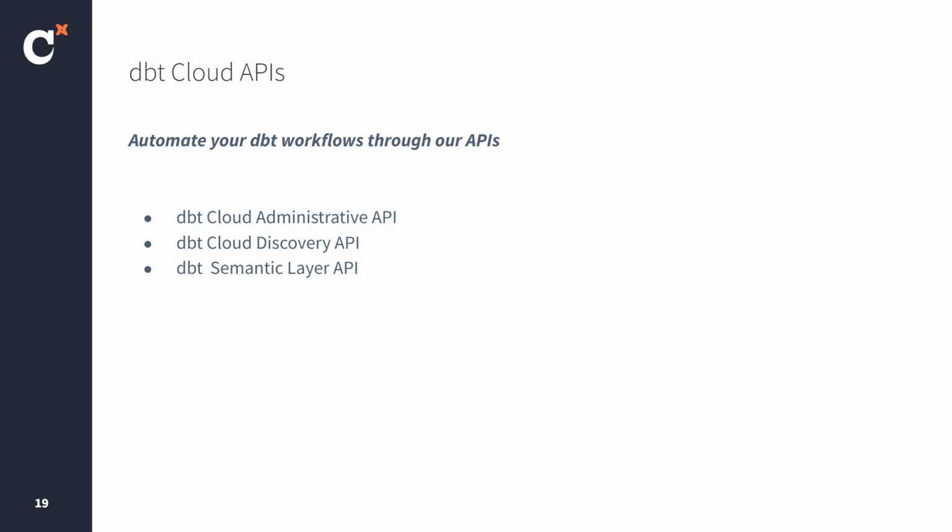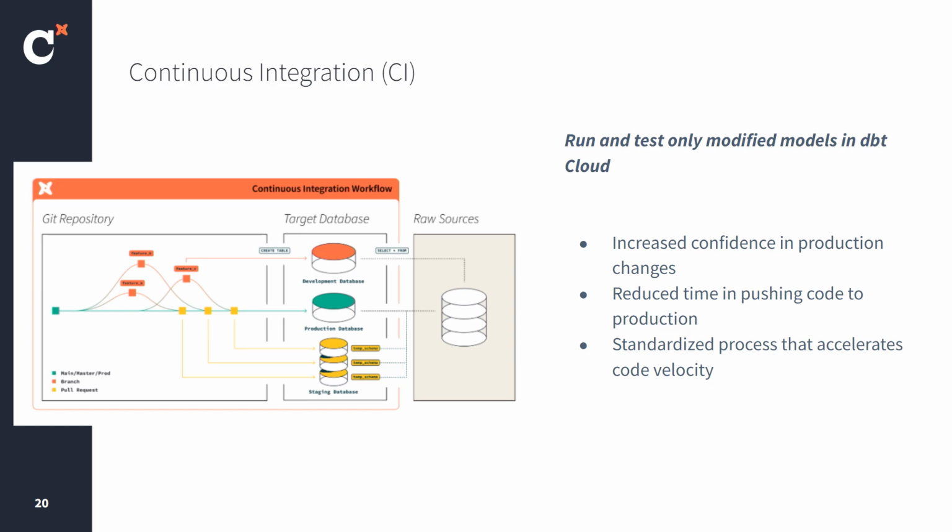We also have a discovery API to complement the Explorer. And also, if you are going to use the semantic layer, which I'm going to touch on soon, we also have that API available for you to use.